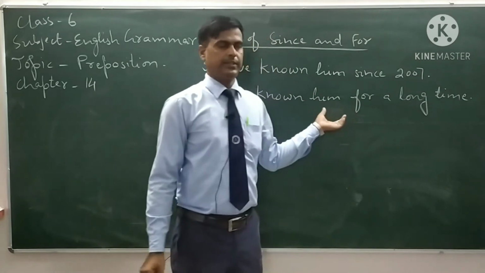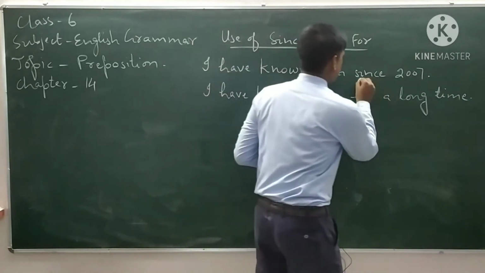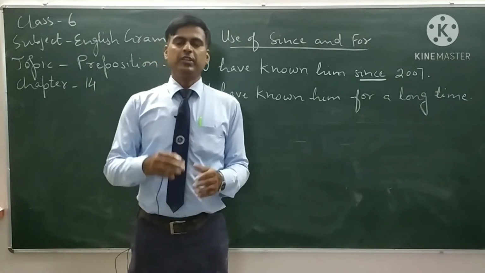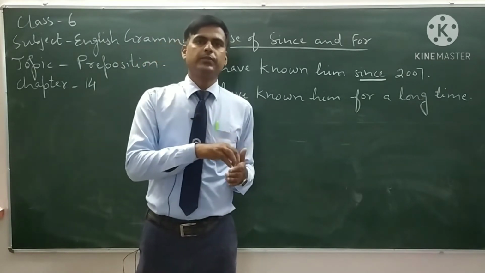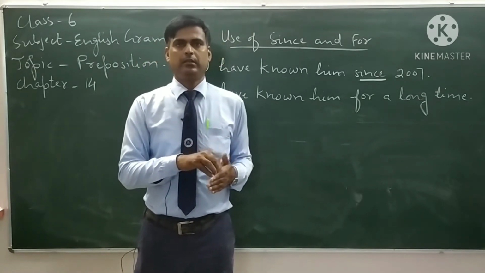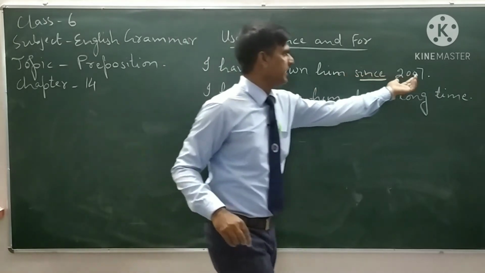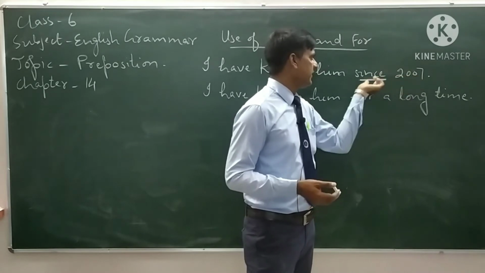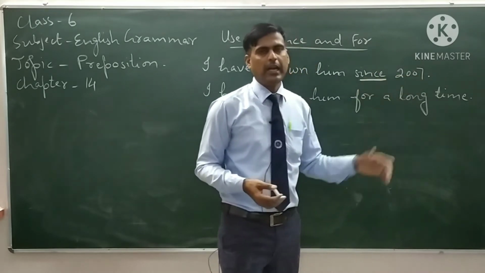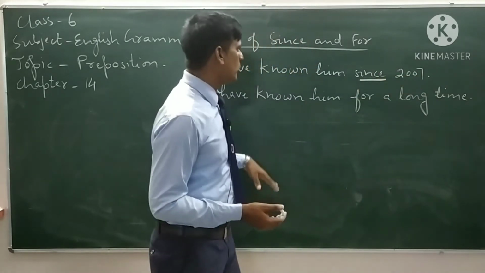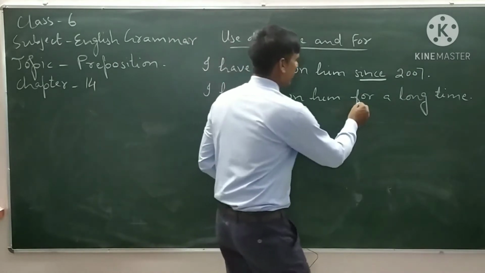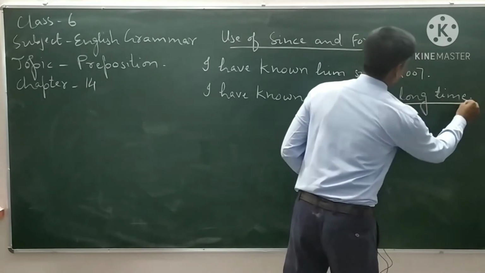Here see the difference. I have known him since 2007, because we know the starting point of the action. If we know the starting point of action, we will use since. We know the point of time, that's why we will use since. And if we know only the period of time, only the duration of time, for that we will use for a long time.